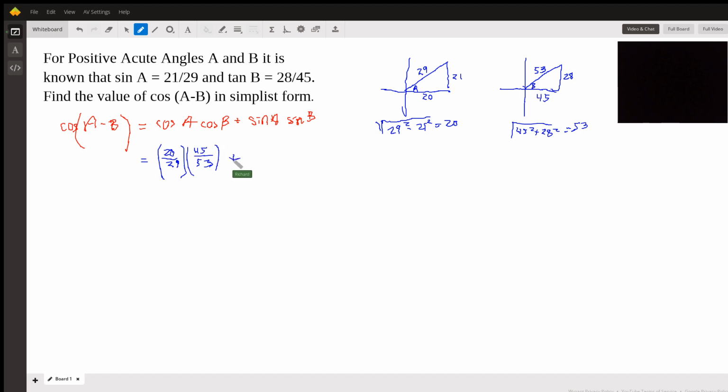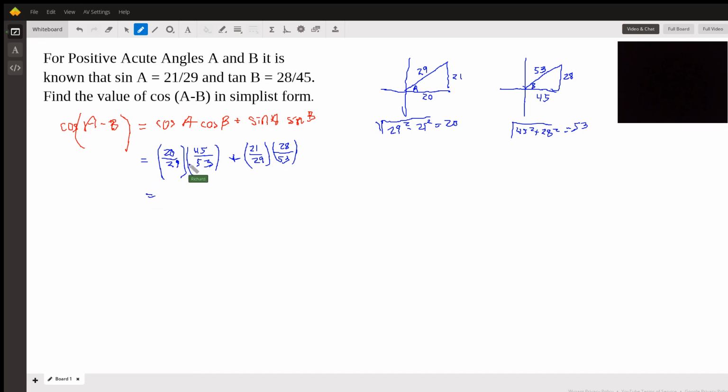Okay, and then addition. And then the sine of A is going to be opposite over hypotenuse, so it's 21 over 29. And then the sine of B is opposite over hypotenuse. It's going to be 28 over 53. So that's it. All the hard work is over.